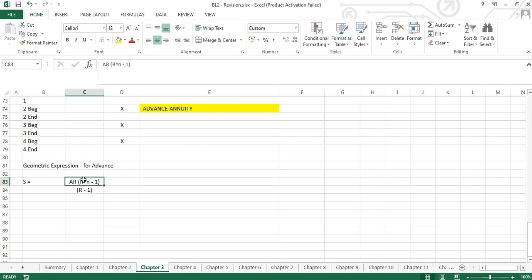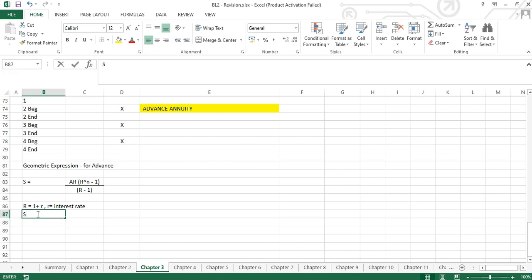But now we know the future value, so we should find A, the annuity we have to make. Here AR is actually 1 plus R, where R is the interest rate, and S represents the future value.